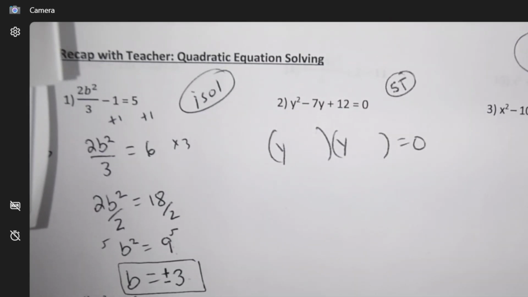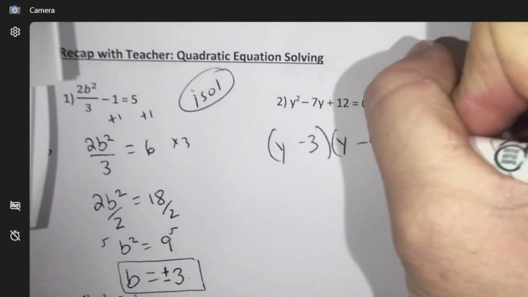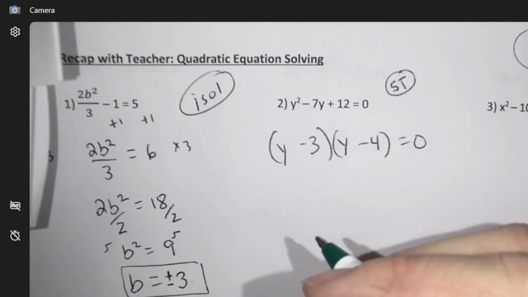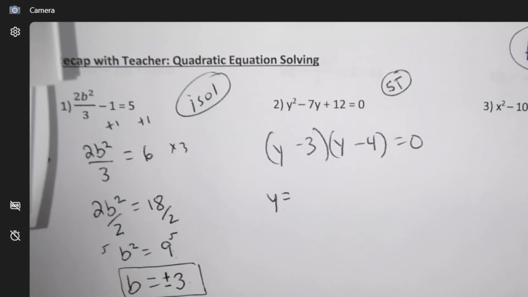And then you're going to say, well, what multiplies to 12 and adds to negative 7? Okay, and then the solution is what makes it a 0.